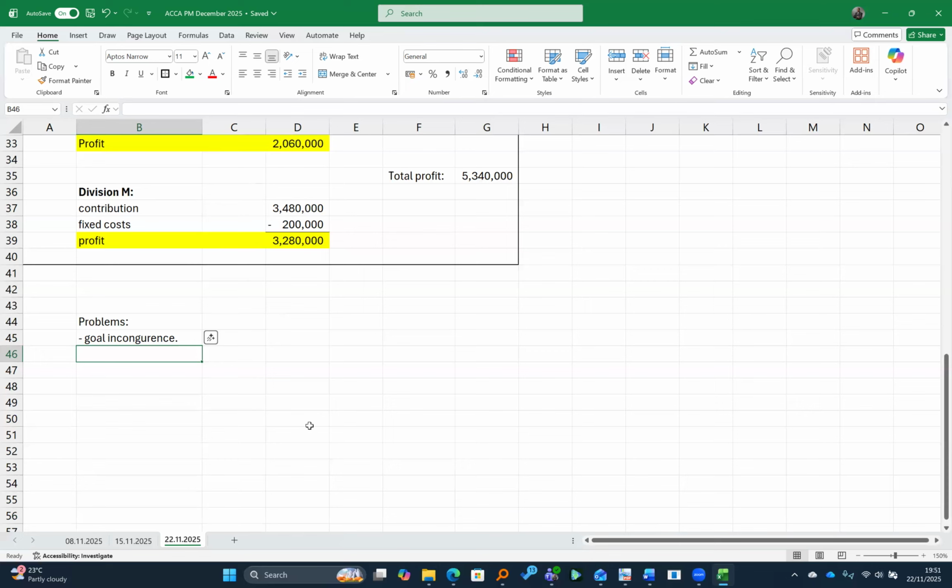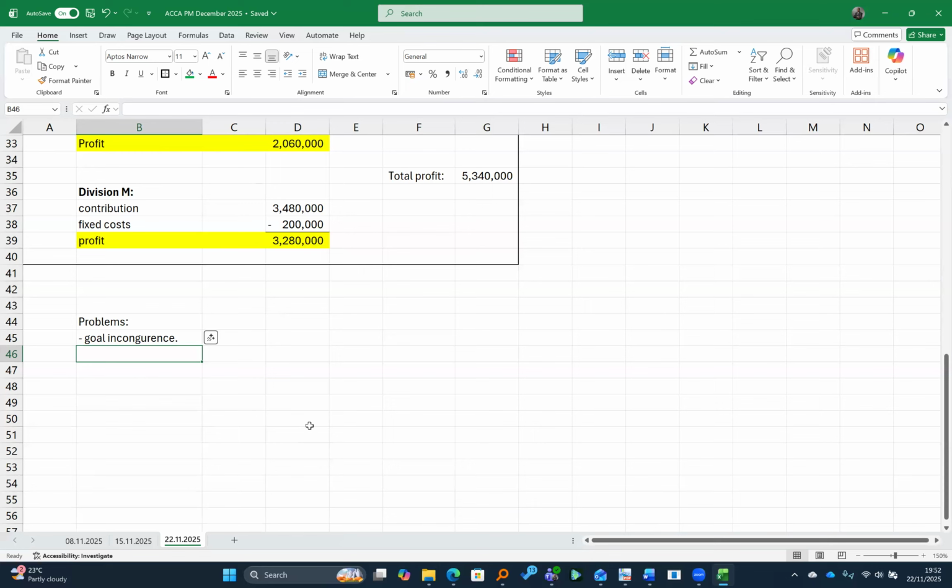So that causes them to not have alignment on the goals, and that could create disenfranchisement, somebody being disgruntled, and all that. So that is the problem, and you're going to just see how they word it out.